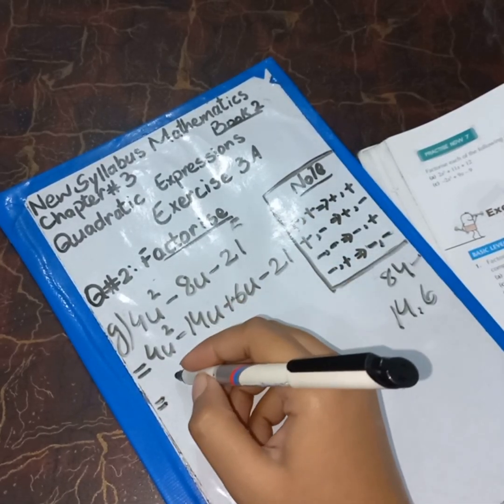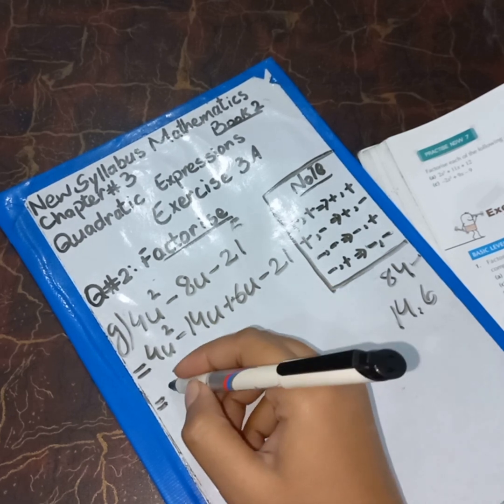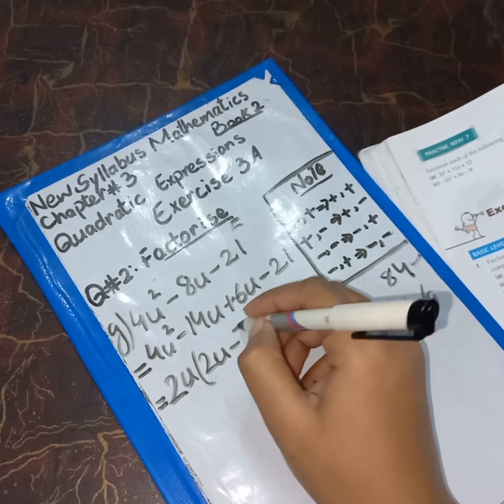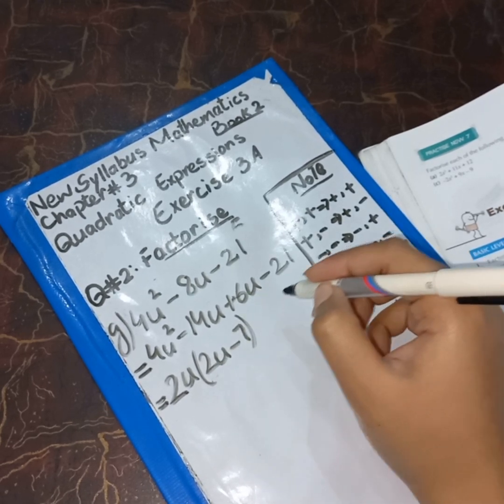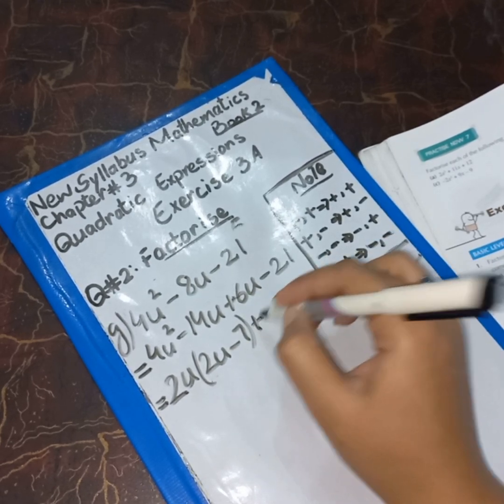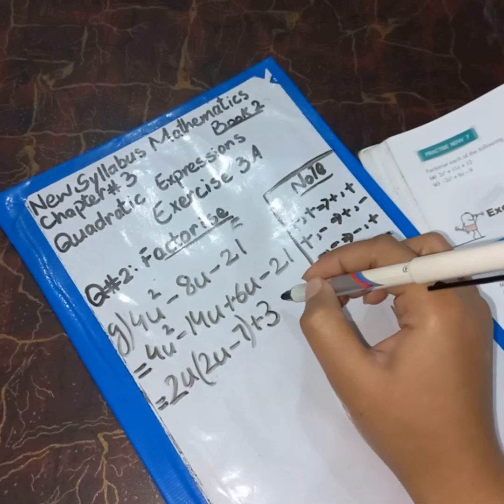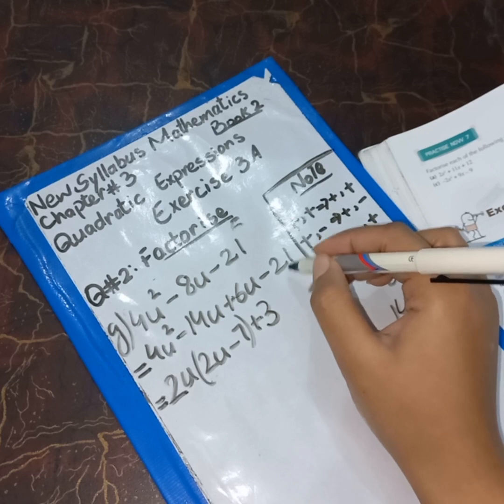Taking common among those two, u, and the common factor is 2. 2u minus 2 sevens are 14, plus the common factor among these two is 3, because 3 2s are 6 and 3 sevens are 21.